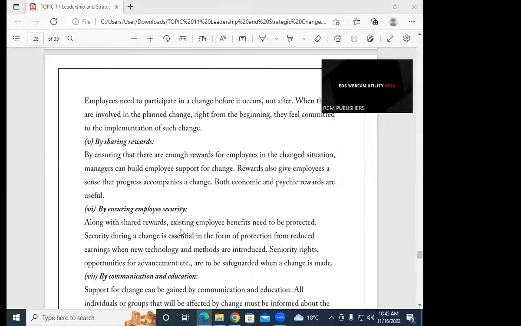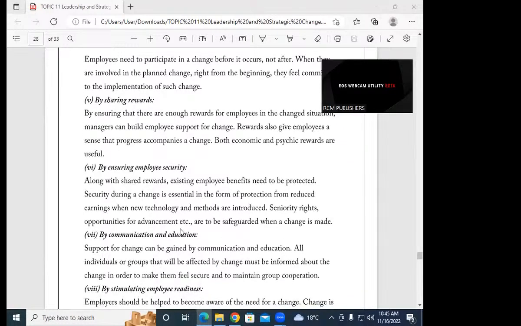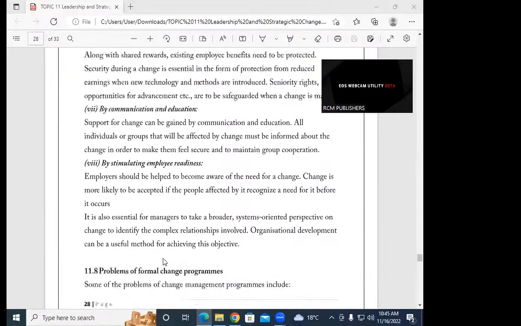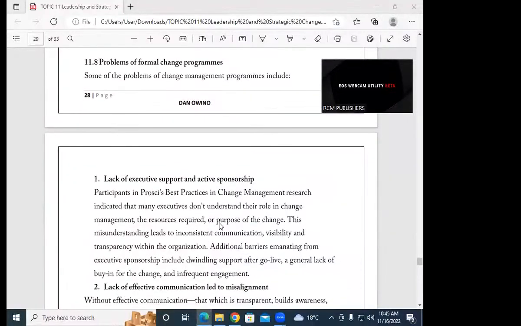The other one is by communication and education, which we discussed earlier. Another one is by stimulating employee readiness for change, preparing them to be ready to meet the obstacles and support the change process.